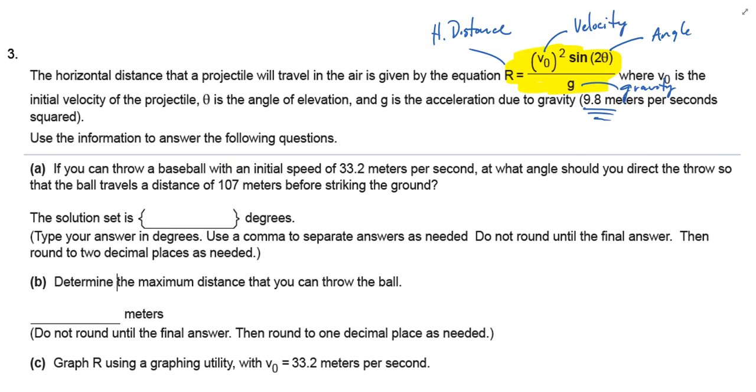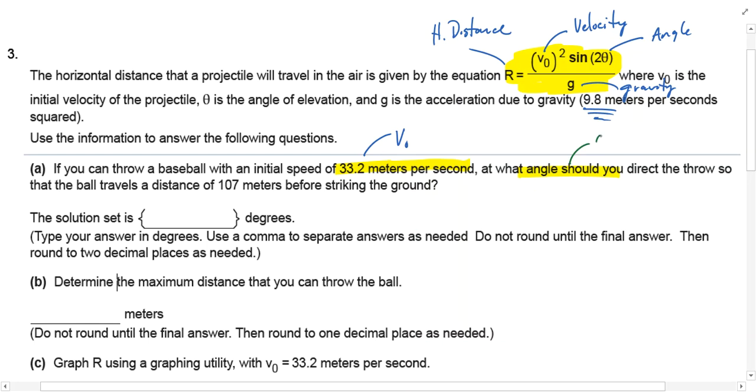So with all of those variables identified, as we read through part A, then we can decide where each of the numerical values should go. So we can throw a baseball with an initial speed of 33.2 meters per second. That's going to be our V naught, V sub 0. The question becomes, at what angle should you direct the throw?